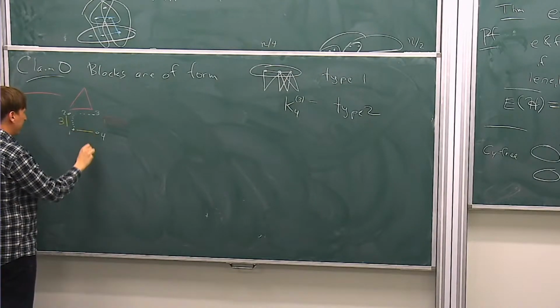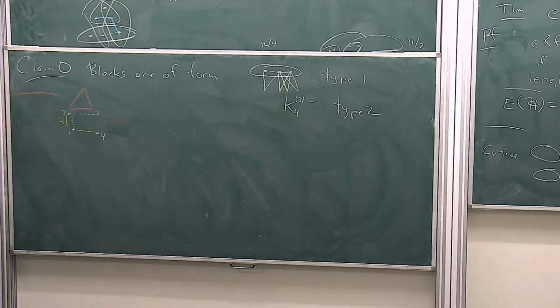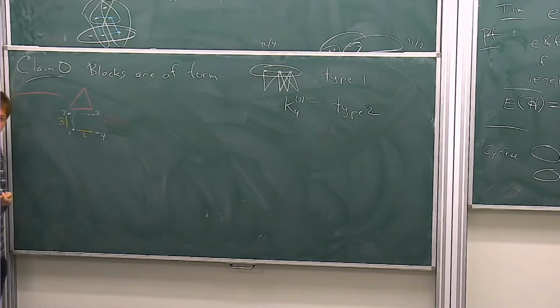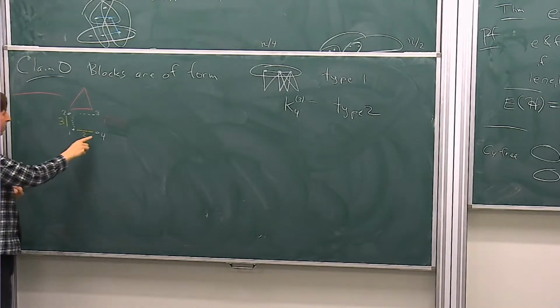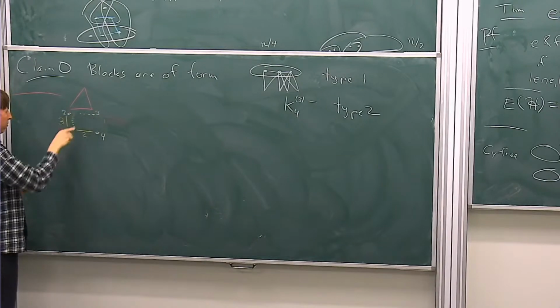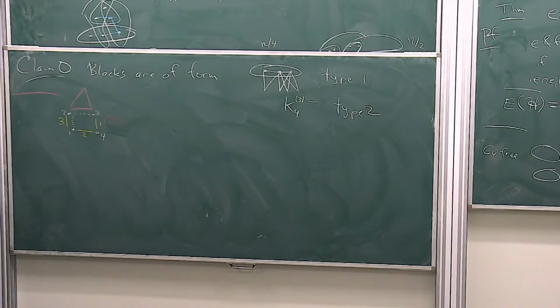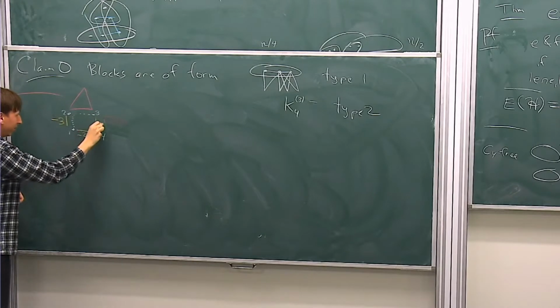How can I get an edge from 1 to 4? I can take the hyperedge which doesn't use 2. So let me write like this. How can I get from 4 to 3? I'll use the hyperedge which doesn't use 1. Because I had 3 hyperedges available to me, but I didn't have the hyperedge which didn't use 4.